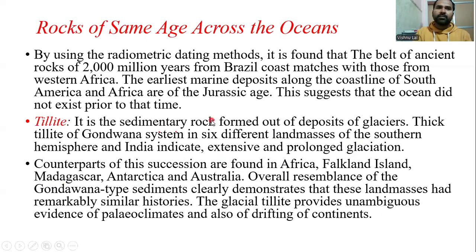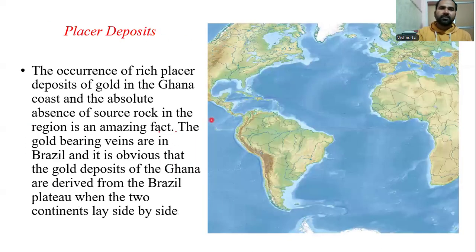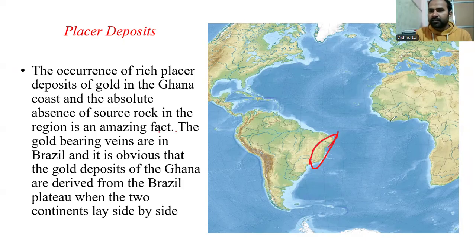After that, you will see placer deposits. In case of placer deposits, this is the Brazilian coast. It is the Brazilian highlands. And here we can see it is the Ghana coast on this side.